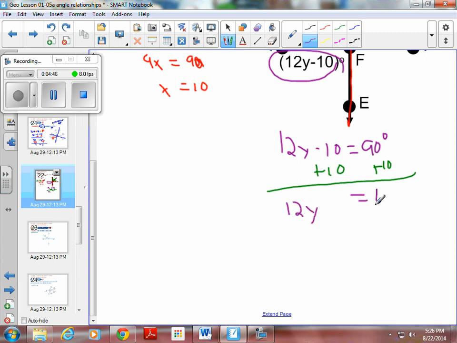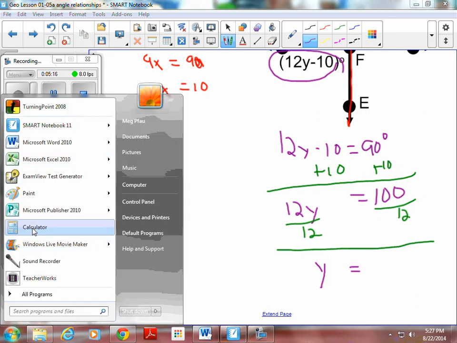This becomes 100. Then I'm going to divide by 12 on both sides. And then the 12s drop out. 12 divided by 12 is 1, so y is going to be equal to 100 divided by 12.